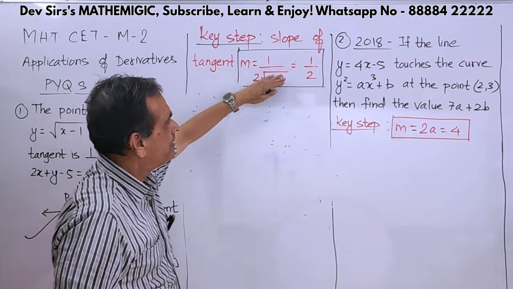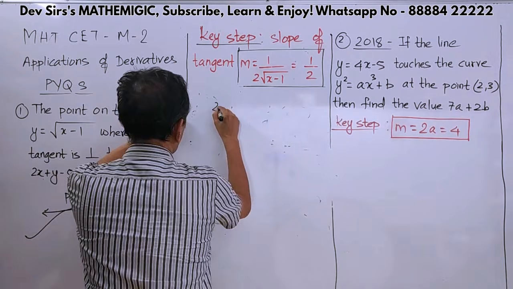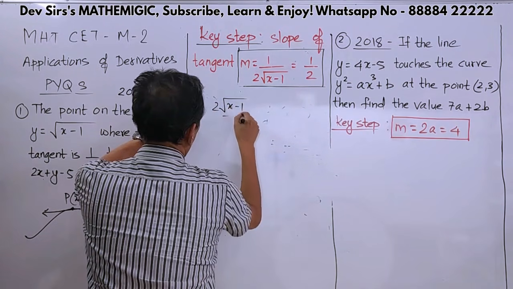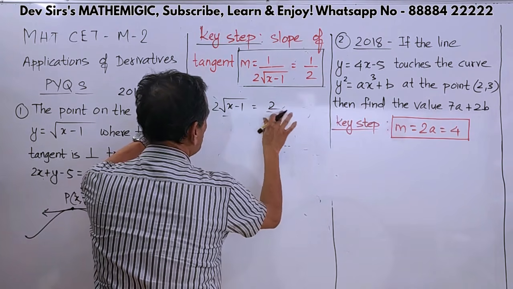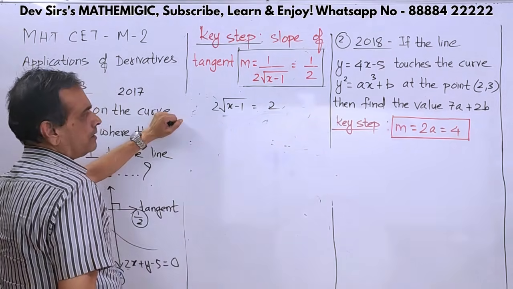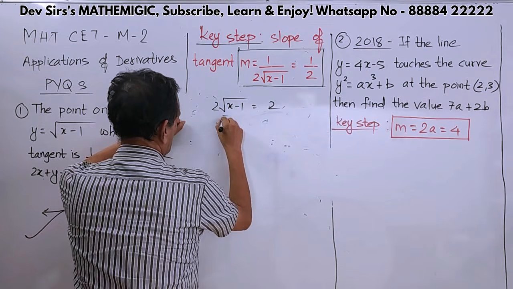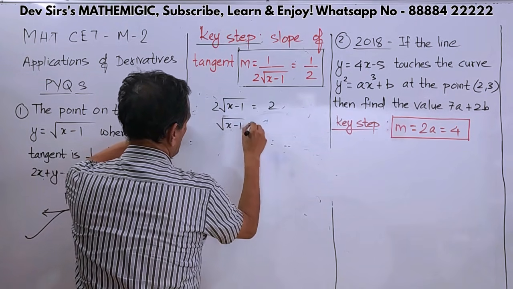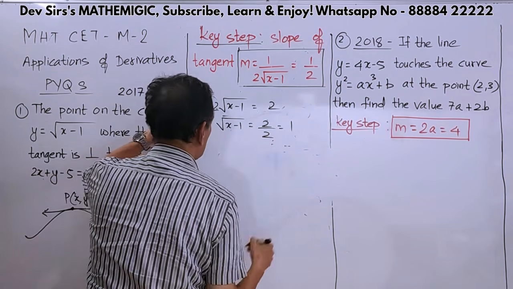Forget about m. Take the reciprocal using invertendo. 2/1 यानी 2. Two upon 2, that is 1.